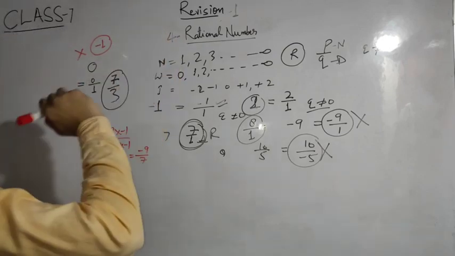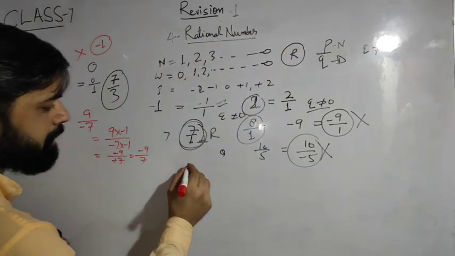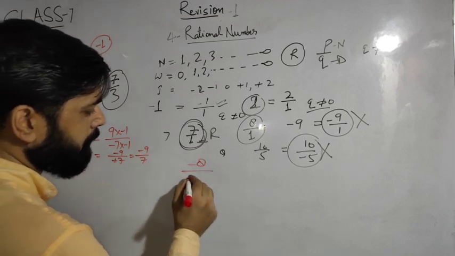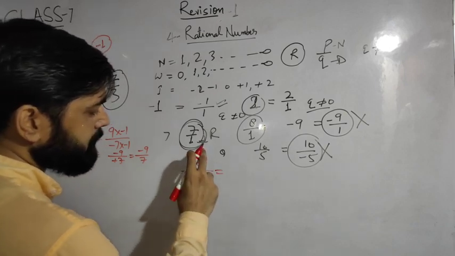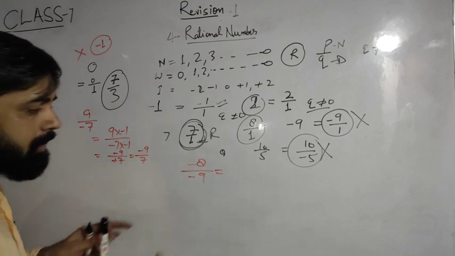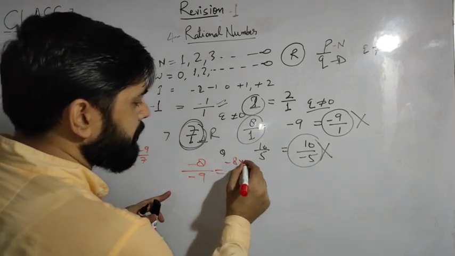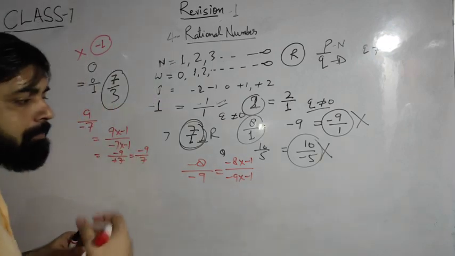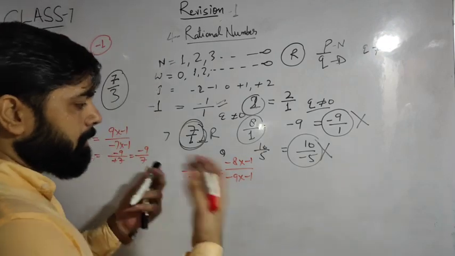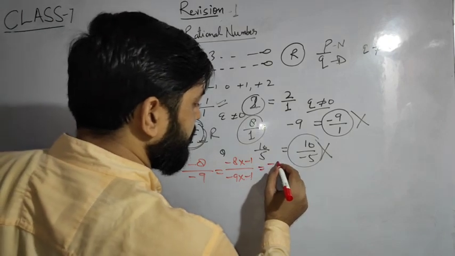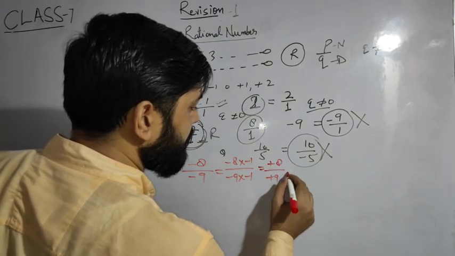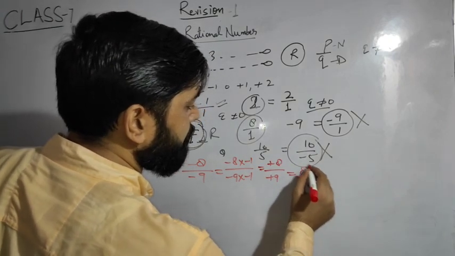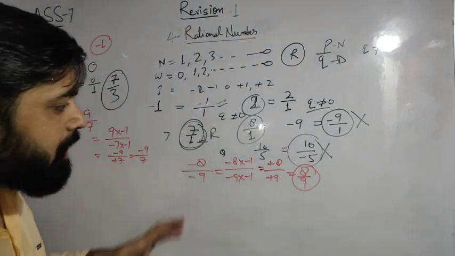Like another example, suppose he has given minus 8 upon minus 9, and the question is saying write with the positive denominator. Simply when we multiply by minus 1 in both numerator and denominator, we get a positive denominator, and this is plus, this is also plus, and the answer will be 8 upon 9. Okay, understood?